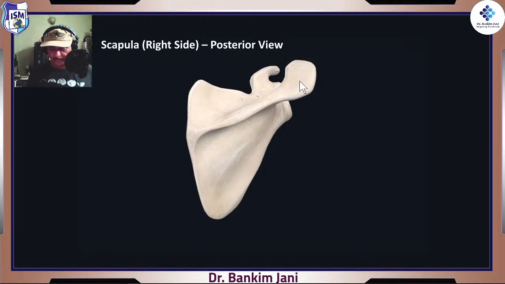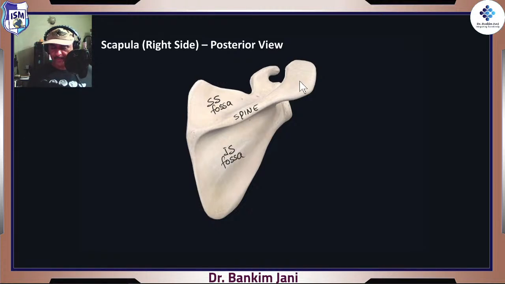This is the spine, above the spine is supraspinatus, and this is the infraspinatus. But that is when the muscles are there. Right now there are no muscles, so we'll call them fossae. These are the supraspinatus fossa and the infraspinatus fossa.